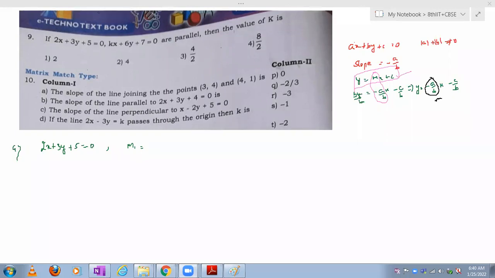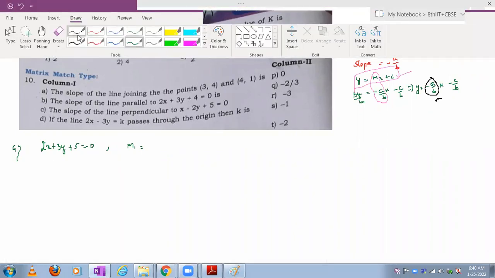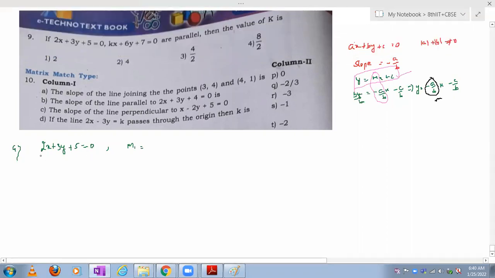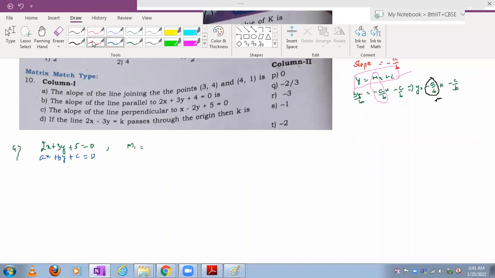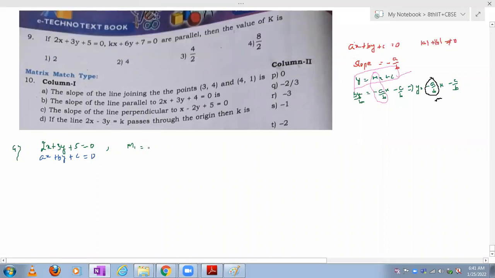Compare with ax plus by plus c is equal to 0. Here a means 2, b means 3, c means 5. So m1 is equal to minus a by b, which is minus 2 by 3.